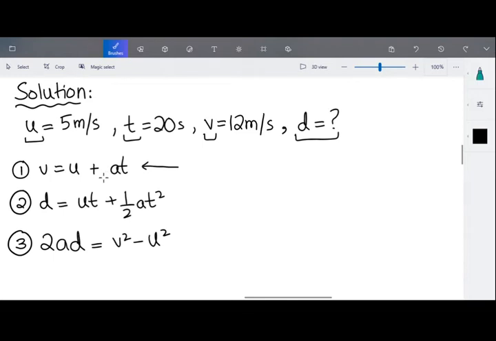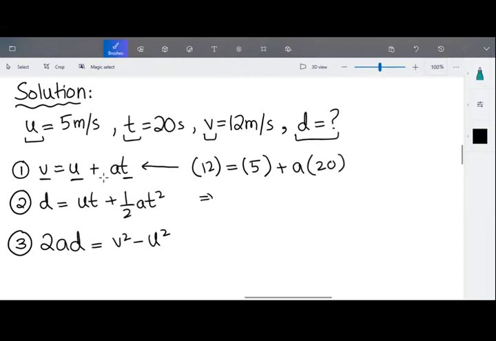So let's go back to the first equation and use it to find a first. We can do that because we only need v, which is final velocity. We know that. We need the initial velocity u. We know that as well. And we need t. We know that as well. So let's try and use this to find a. So v is 12, equals u which is 5, plus a, which is the unknown, times t, which is 20.